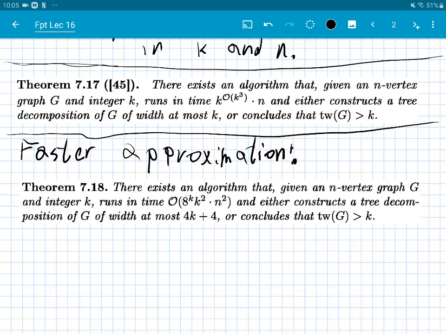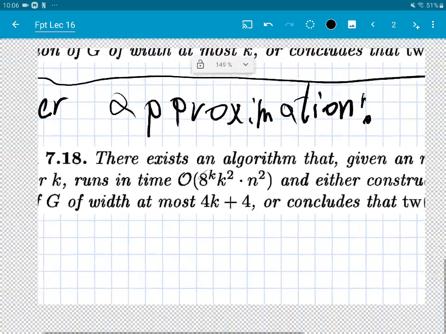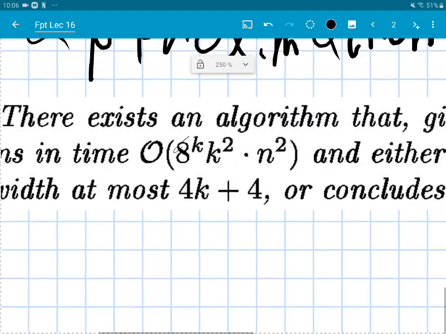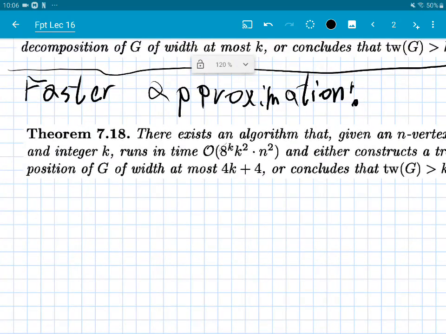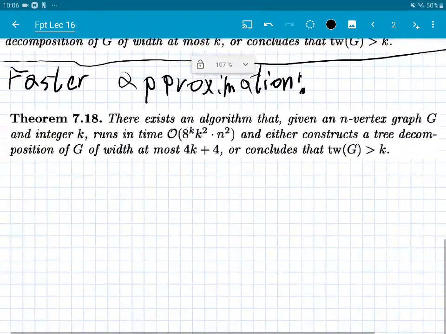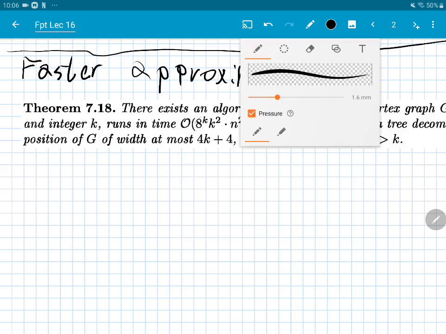What we're going to show is a somewhat faster algorithm that provides an approximation. So the running time is a to the k essentially, the dependency on k, but unfortunately the treewidth is 4k plus 4 instead of k. So you have to trade off between running time and quality of approximation, and this algorithm is going to be based on the idea of separators in trees. So we're going to next speak about separators and what to do with them.